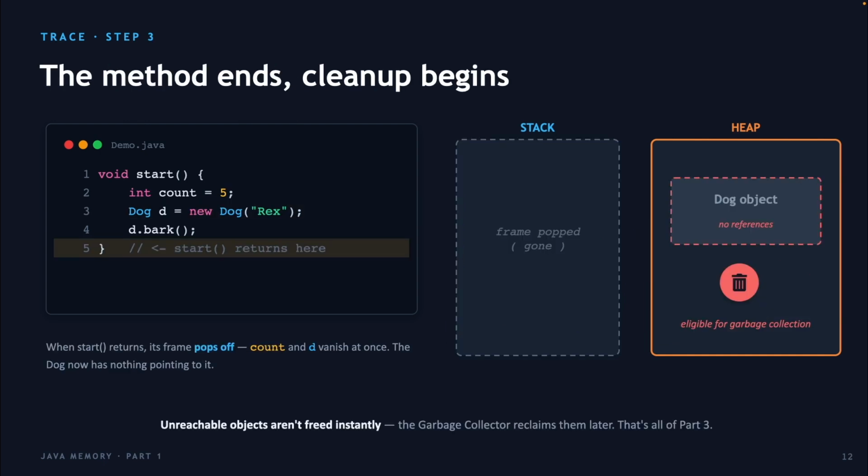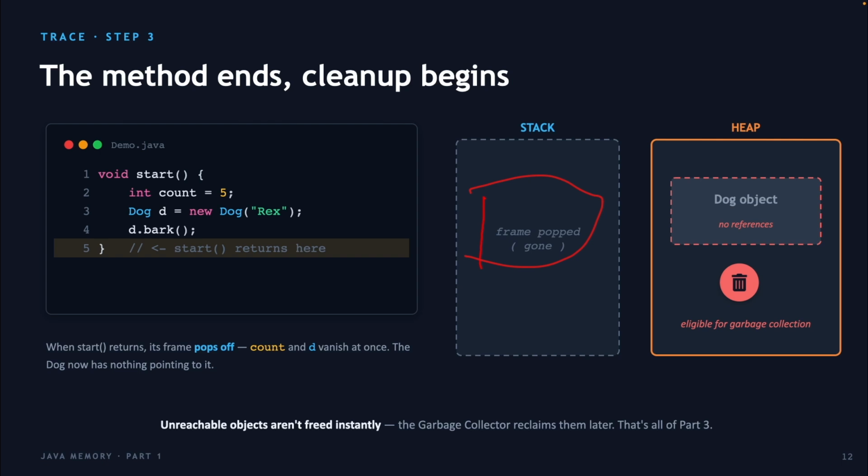Now in step 3, the method will finish. When start returns, whenever the work of the start method is done, it will be popped off the stack. The stack frame is removed immediately, which means everything inside that frame disappears too.